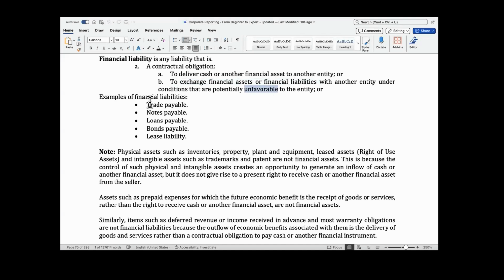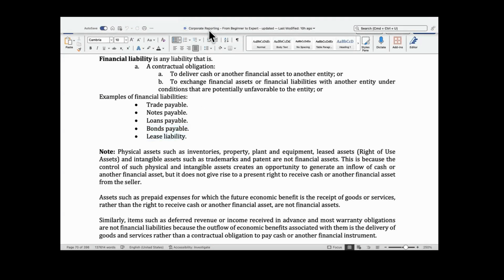So examples of financial liabilities are trade payables, notes payable, loans payable, bonds payable, or lease liability. Those are examples of financial liability.